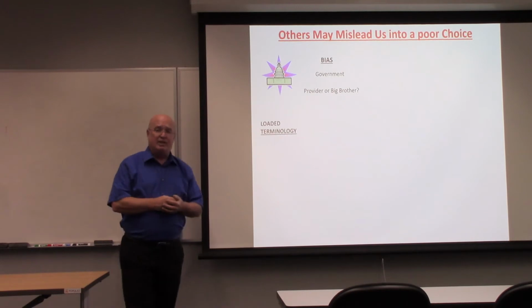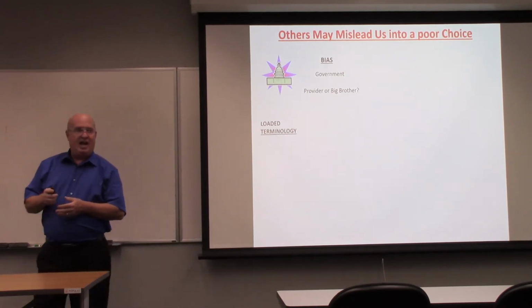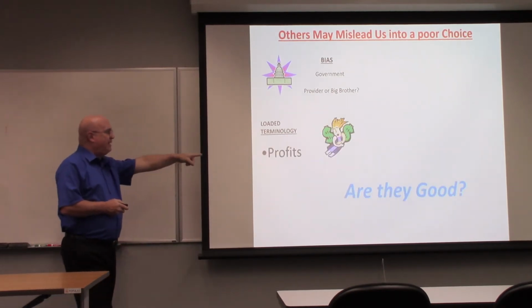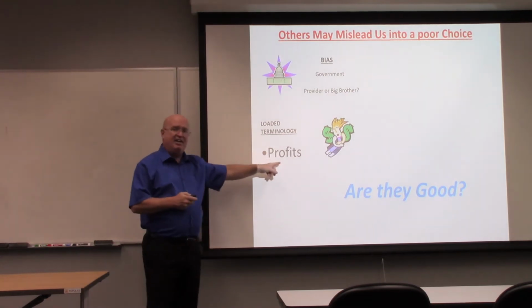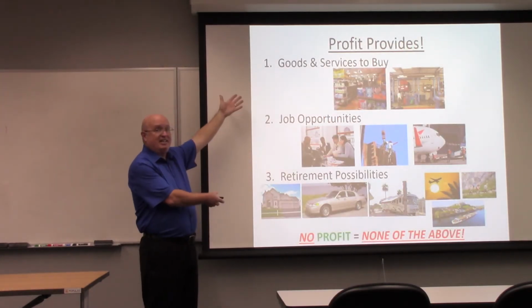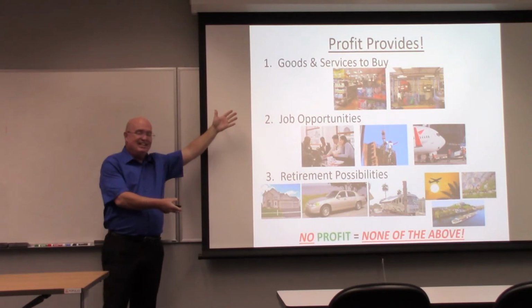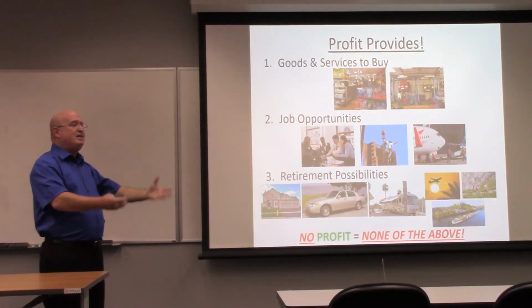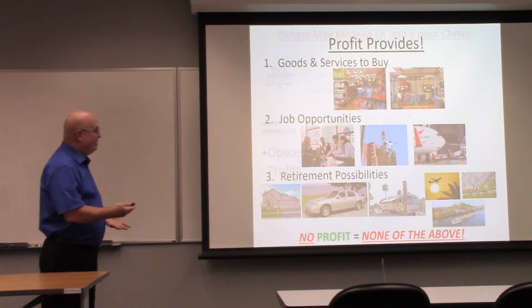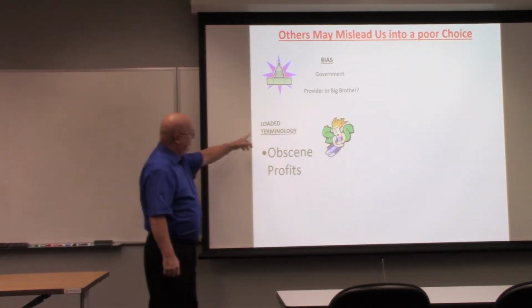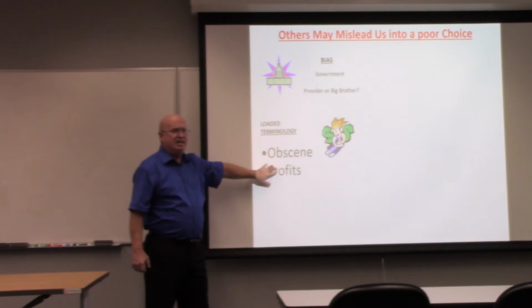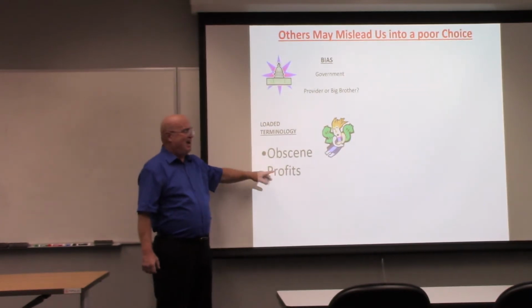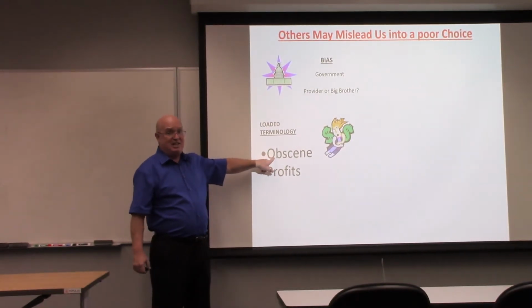All right, here's the second one, loaded terminology. Now, we all decided that profits are kind of good. Why? Because they provide this for us, right? They give us all kinds of different choices and opportunities. But if I put the loaded part, obscene profits, now we don't see the profits as much as we see obscene.